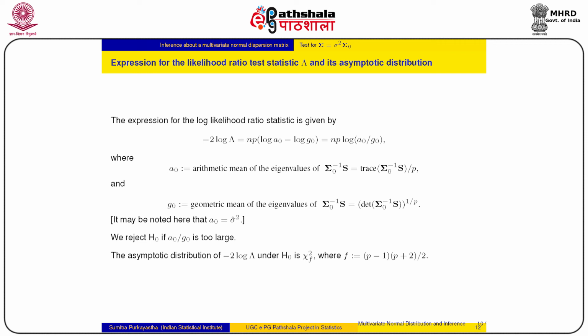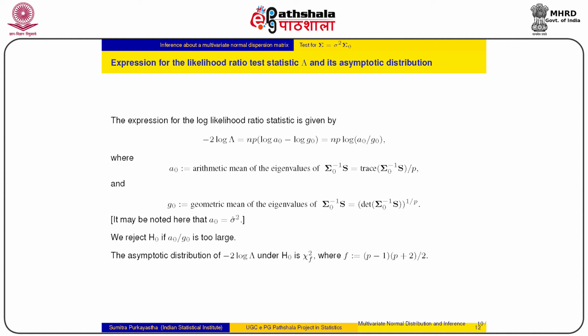Now we are in a position to state the expression for the likelihood ratio statistic, which we denote by capital lambda, and its null asymptotic distribution. The log likelihood ratio statistic is minus 2 log capital lambda, which is equal to np times (log A naught minus log G naught), the same as np times log of A naught by G naught.